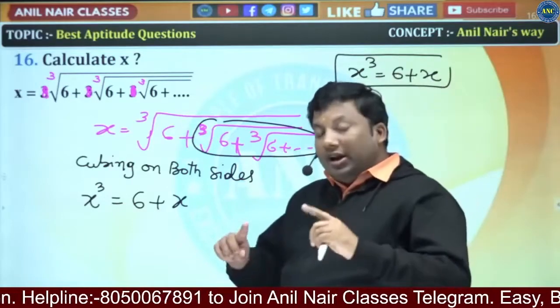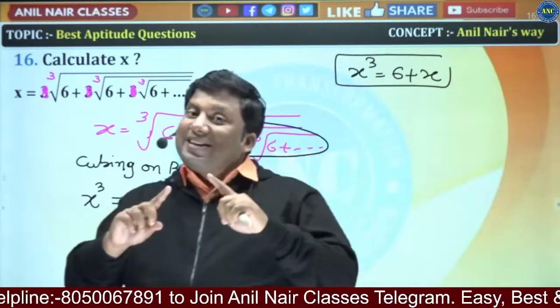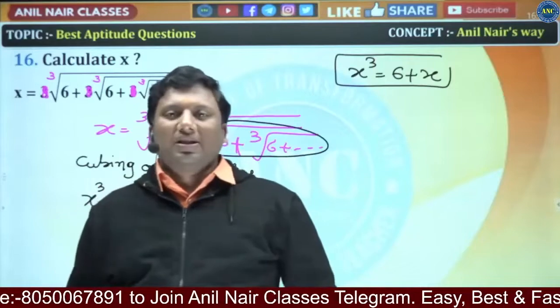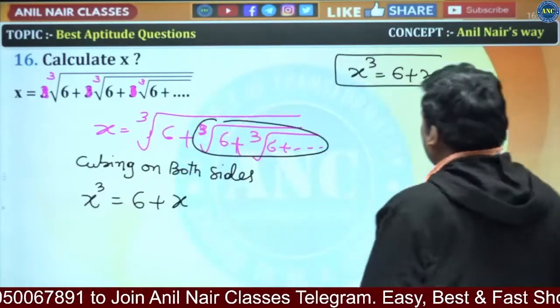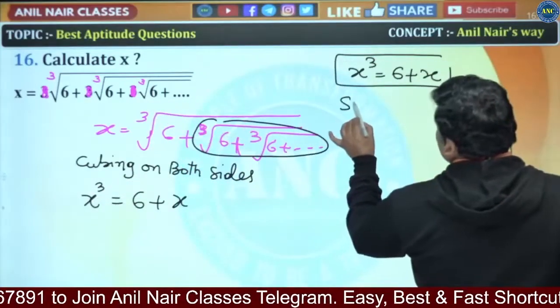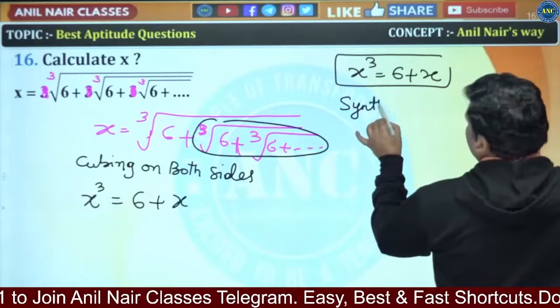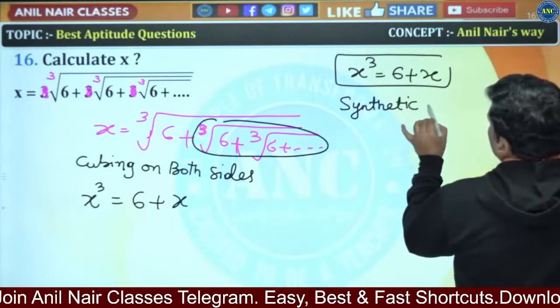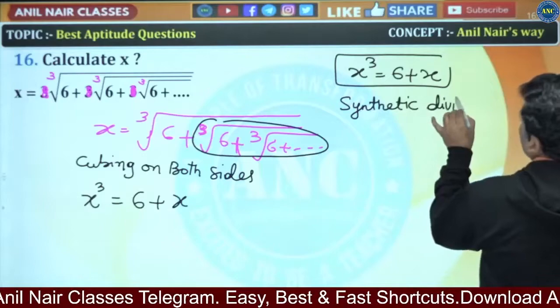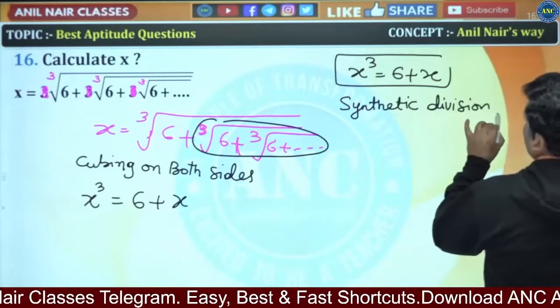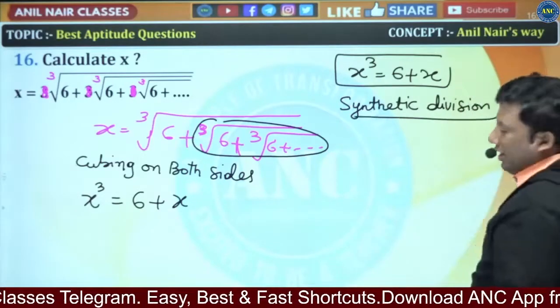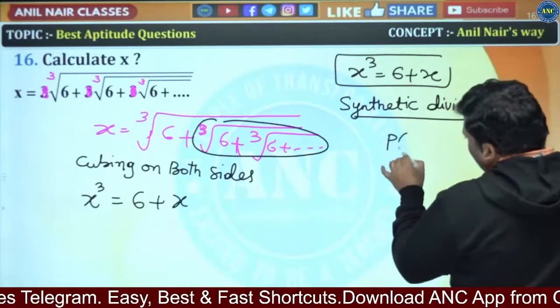In the previous session I discussed the method of letting x equivalent to a plus b. But in this I want to teach one more method, which is synthetic division. What do you mean by synthetic division?